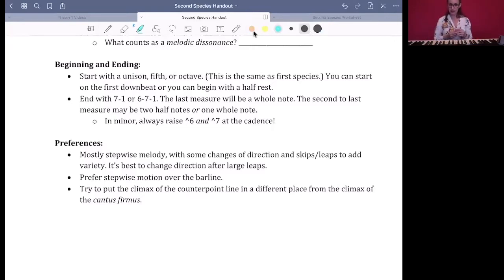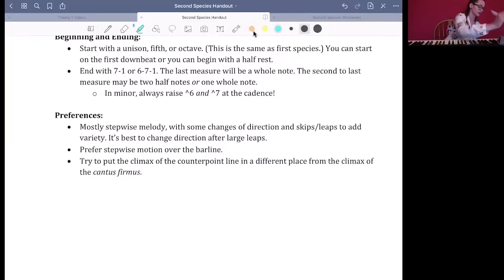Now, in second species, the cadences are slightly different, but there are only 2 ways a second species counterpoint exercise can cadence. And they're listed here with this second bullet point. You are going to end with either 7-to-1 or 6-7-1.